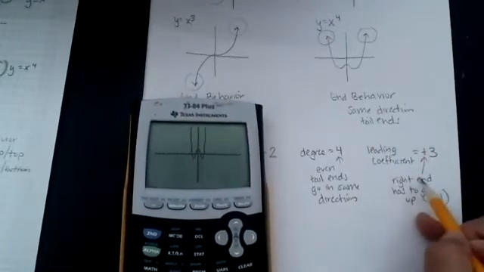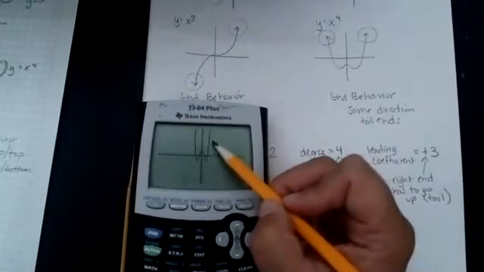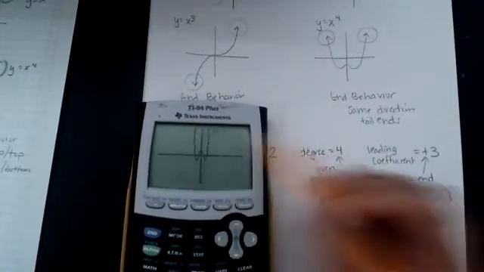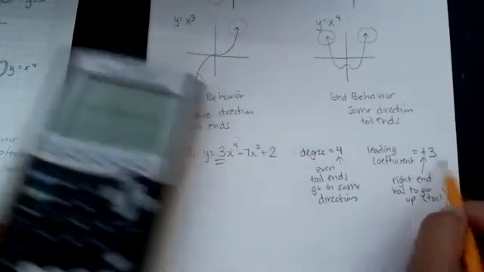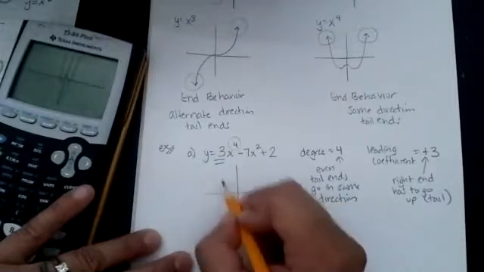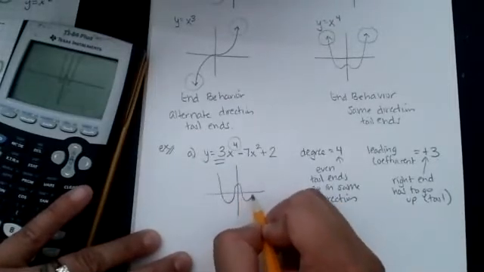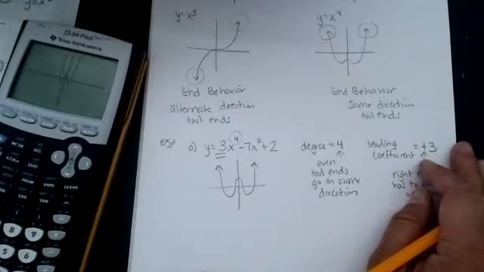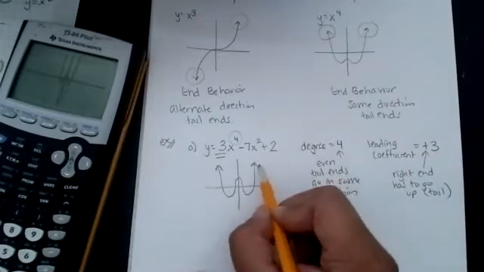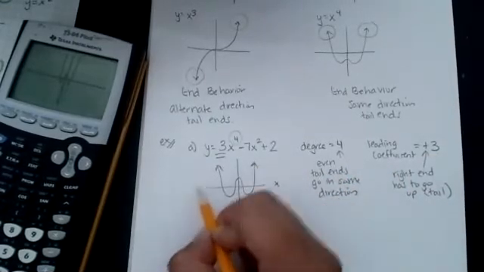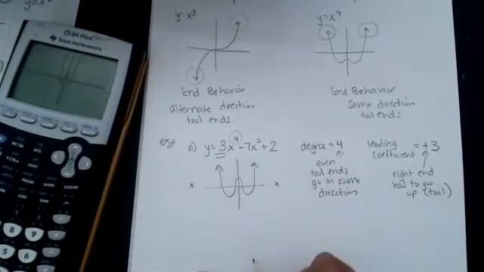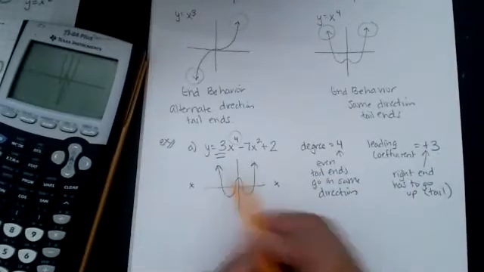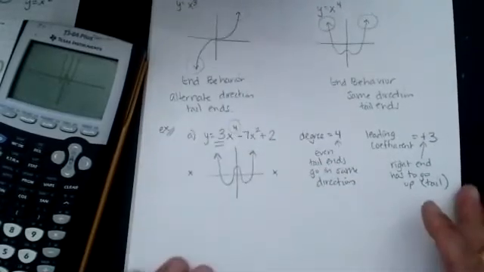Now right here, the right end has to go up. If I look at the right side of it, it has to go up because the leading coefficient is positive. So this graph looks like this. So when asked what's happening, as x is getting larger, it's going up. And on this side, it's going up. It's going up on both sides. Now let's do an odd example.